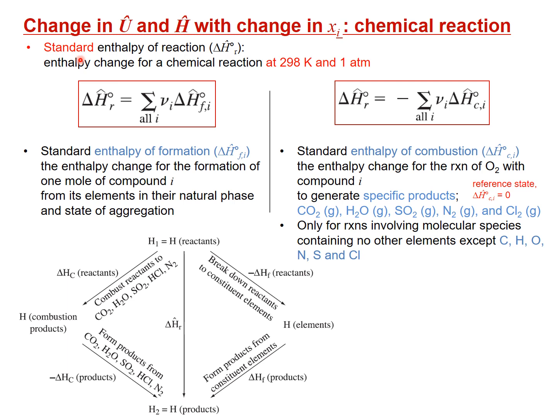The first method is based on the enthalpy of formation, and the other is enthalpy of combustion. Those values are easily found here and there, internet, any chapter book or something like that. So to calculate the standard enthalpy of reaction, we need to have some information about the formation or about the combustion.